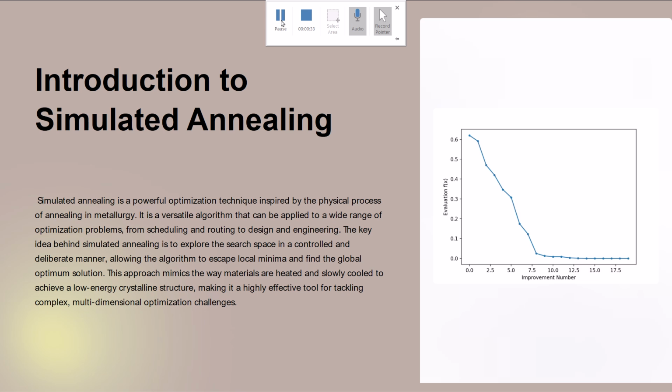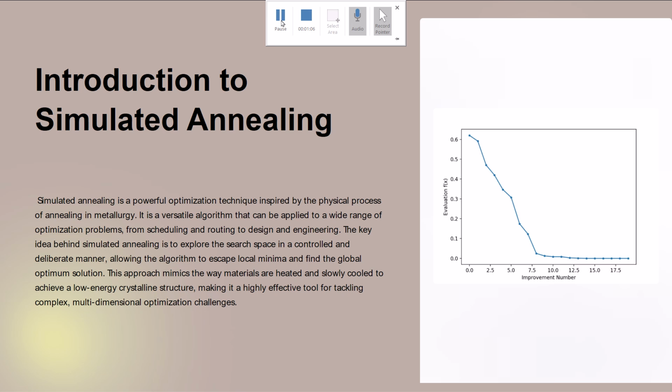The key idea behind simulated annealing is to explore the search space in a controlled and deliberate manner, allowing the algorithm to escape local minima and find the global optimum solution. This approach mimics the way materials are heated and slowly cooled to achieve a low-energy crystalline structure, making it a highly effective tool for tackling complex, multi-dimensional optimization challenges.